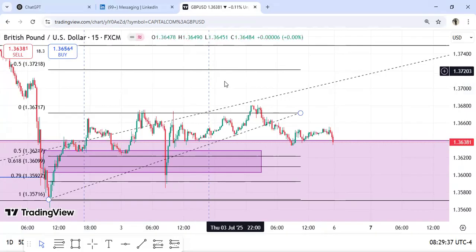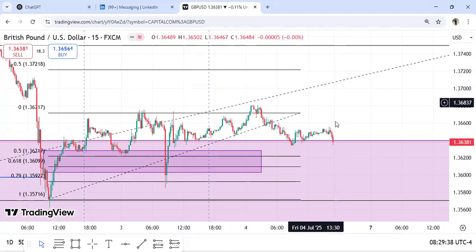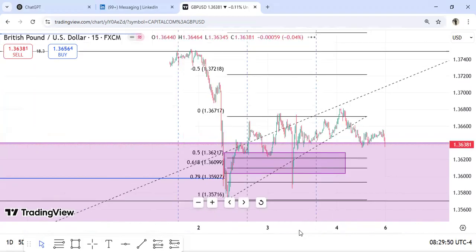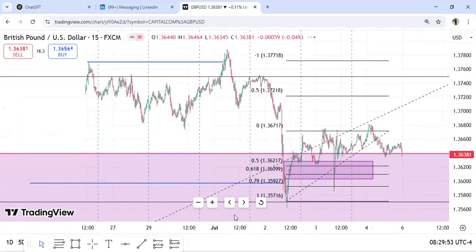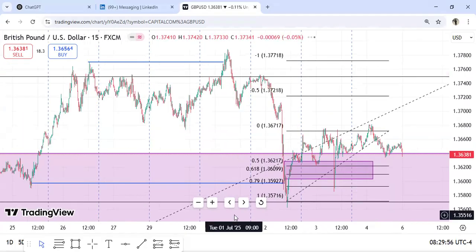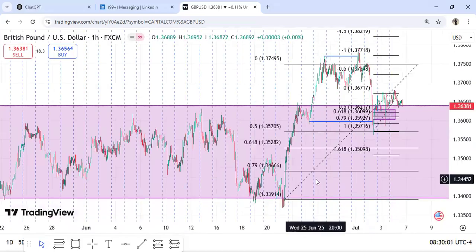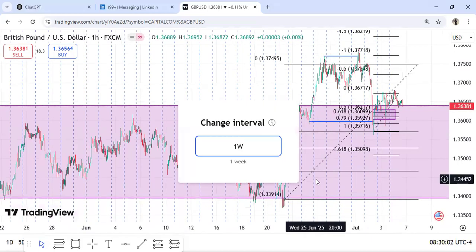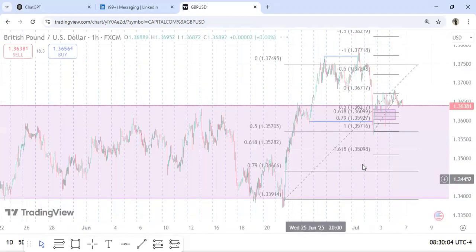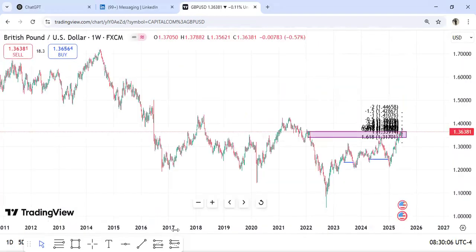So that is it for now. Next this week, I'm going to be expecting price to run here, obviously. And if it does not run to the 0% level, obviously I'm going to be expecting price to run here. I'm also going to be anticipating to see that price does not go below this 1 week's order block.